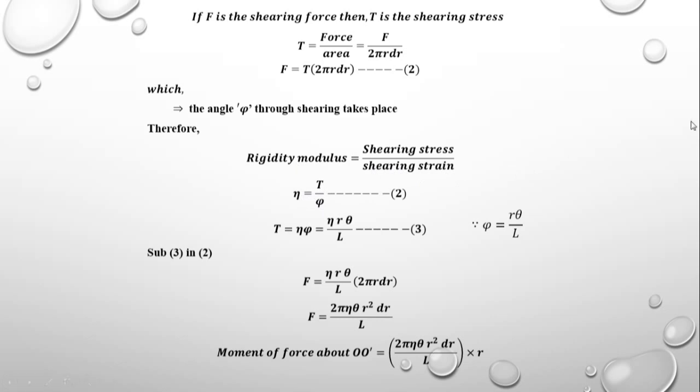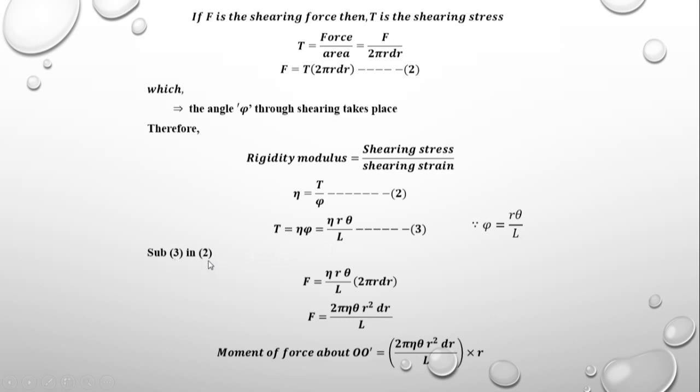Then T is equal to eta into phi. We know that phi is equal to r theta by L. If you substitute r theta by L in place of phi, then T equals eta r theta by L, which we shall consider as equation number 3.